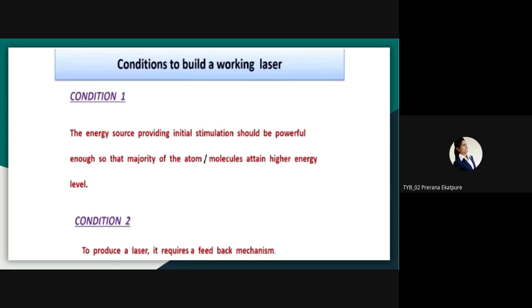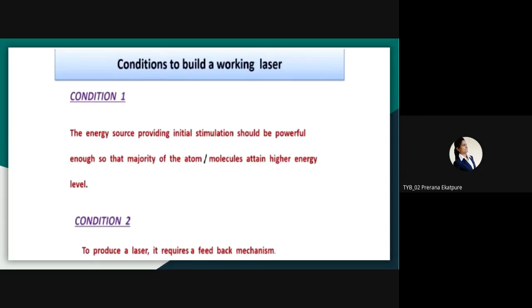Only if your atoms are at the higher level, while breaking down to the ground level or lower energy level, will the photon or laser stimulated emission happen.